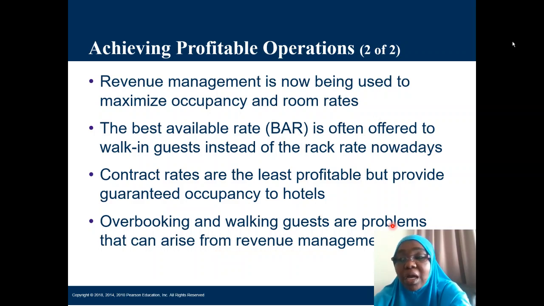So they allow this to happen just in case, to make up for those that will eventually cancel their bookings. When they allow for overbooking, or when working guests are on the high side, it can create a problem in terms of revenue management.